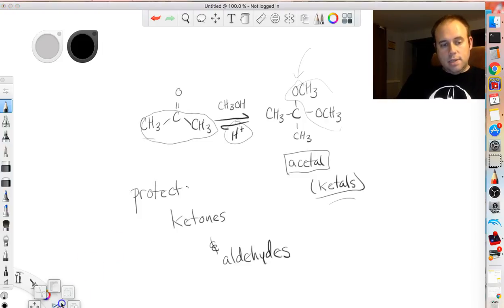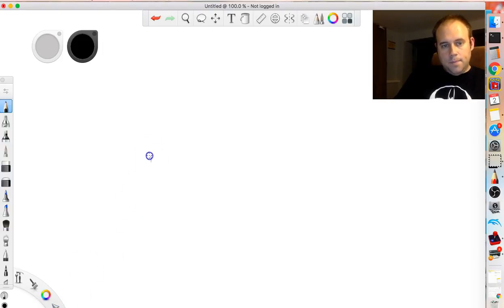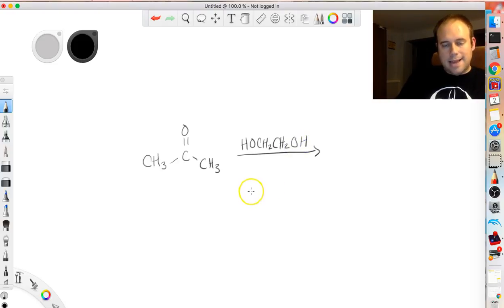One of the ones that looks a little bit funky sometimes, and this one tends to be used quite often as a protecting group, is when you have a ketone or an aldehyde, and you use a diol as the acetal agent. So instead of just a single alcohol, I use something like this, a diol.